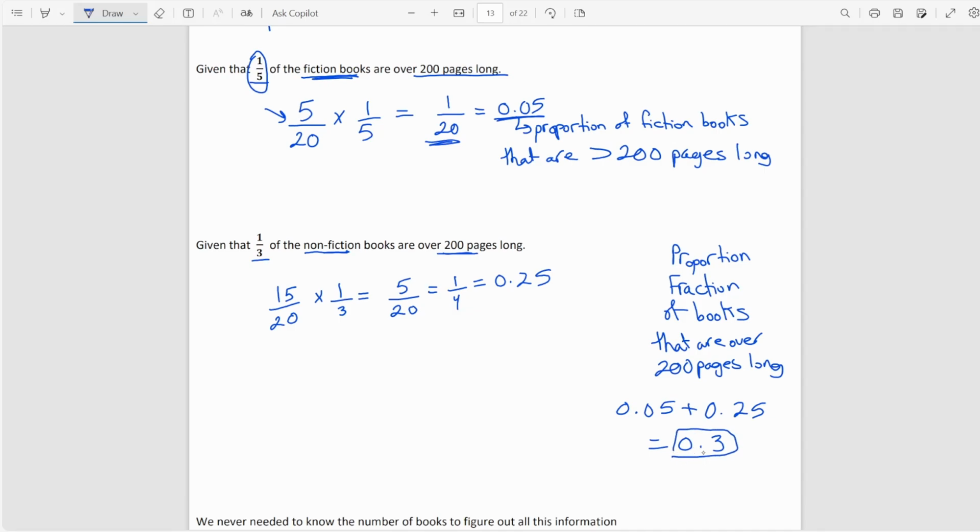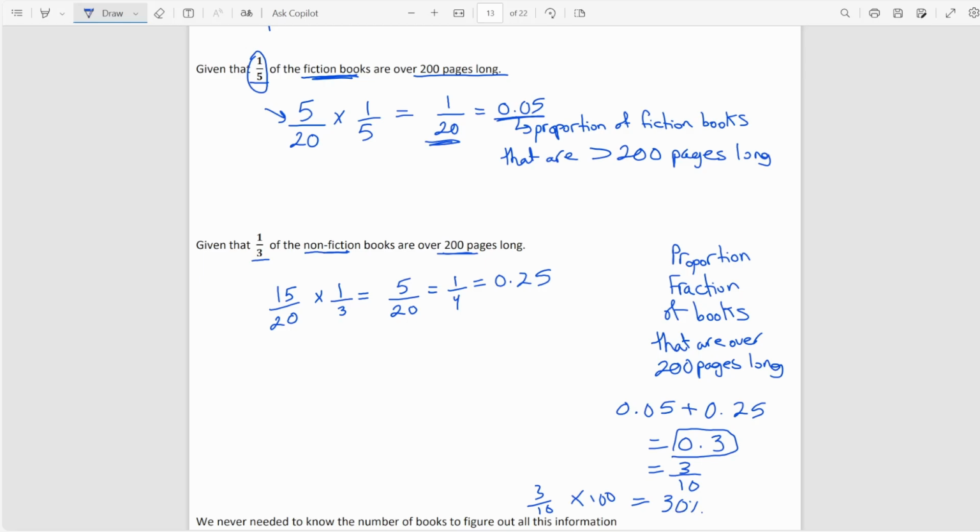Okay, and if I wanted, I can turn this into a fraction. It will be 3 over 10, and I can even write it as a percentage by multiplying by 100. We get 30%. Okay, so there's multiple ways we can write this information, either as a decimal, as a fraction, or as a percentage.